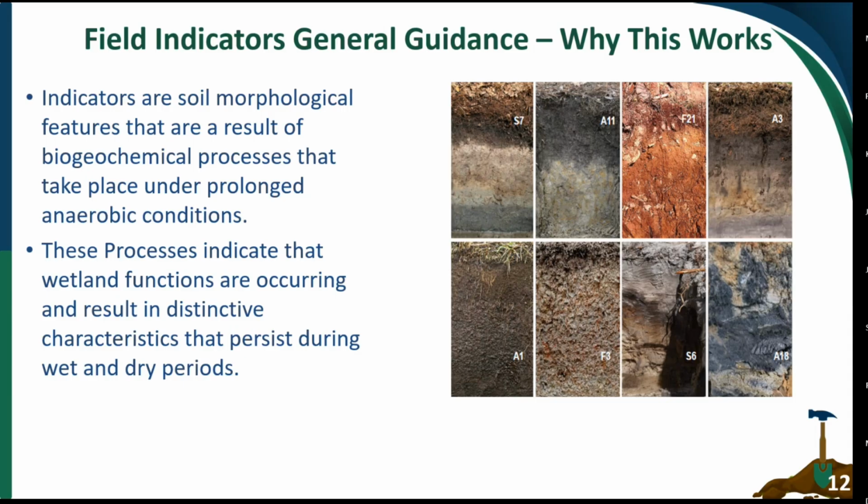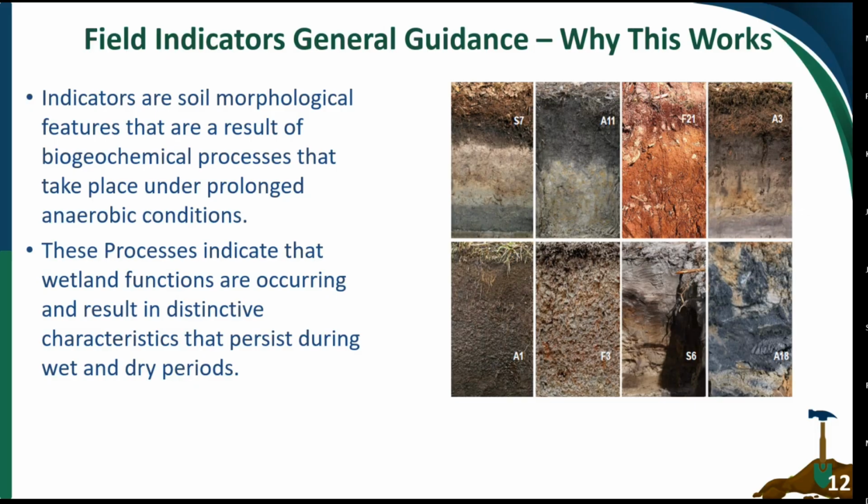So why does the field guide work so well? Indicators are soil morphological features that are a result of biogeochemical processes that take place under prolonged anaerobic conditions. So what does that phrase, biogeochemical processes, mean? Well, it's not just biology, and it's not just mineral earth, and it's not just chemistry.